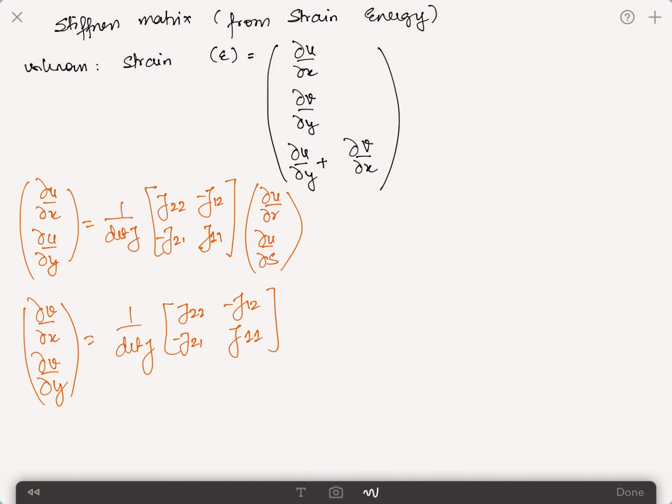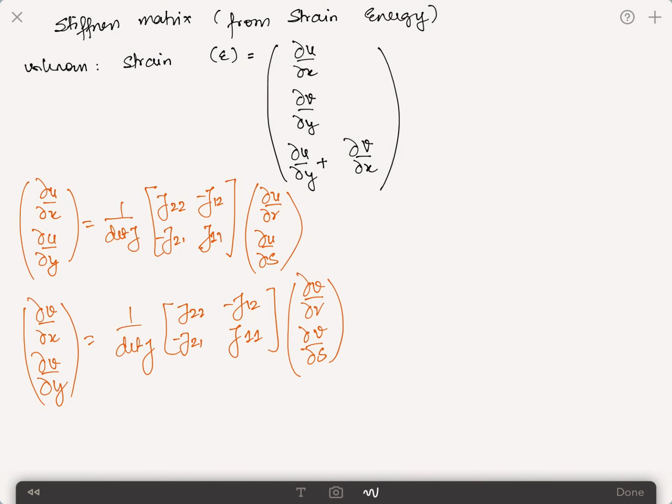I'm just using the relation that I derived in the previous slide to apply it to dou u dou x, dou u dou y, dou v dou x, dou v dou y, to be transformed to dou u dou r, dou u dou s, dou v dou r, and dou v dou s. So now we have all the partial derivatives with respect to each other using the transformation Jacobian.